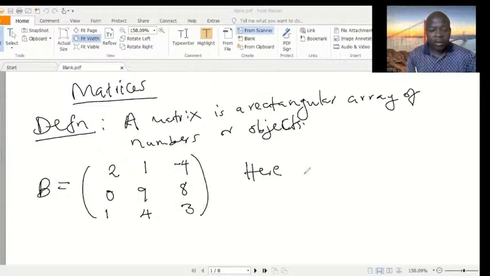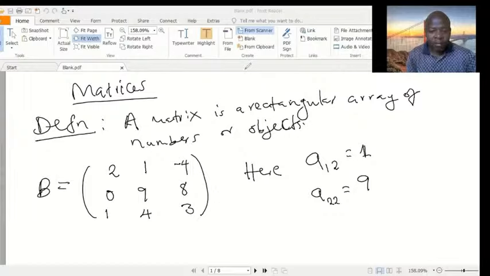Here, element A1,2, the element in row 1, column 2, is this element, 1. The element in row 2, column 2 is this, so that element is 9, and so on. That's how we identify elements in a matrix.